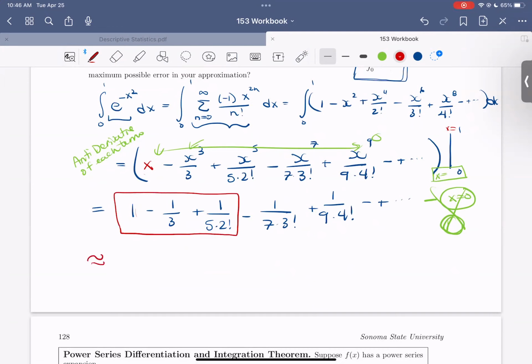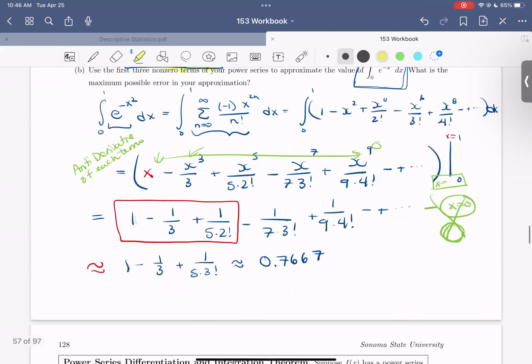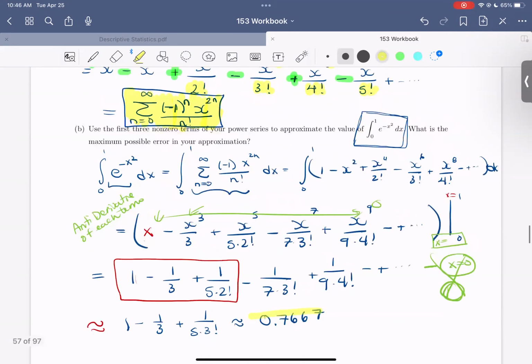So we're going to approximate this integral by just looking at 1 minus 1/3 plus 1 over 5 times 2 factorial. So that's going to be approximately, you can get out your calculator and check me, 0.7667. Okay, so there is our approximation. So there's the answer to that first part of the question.